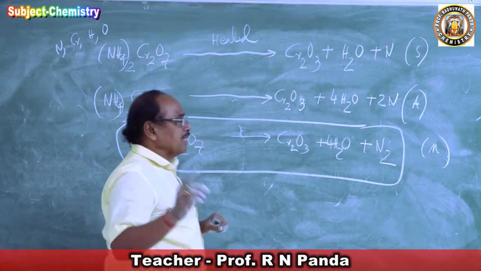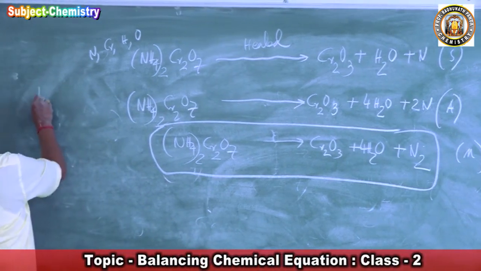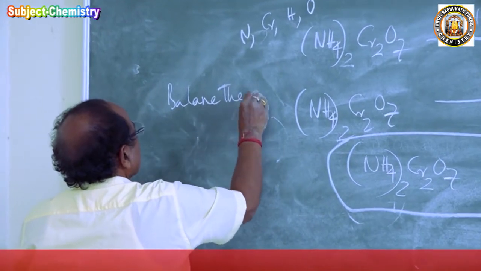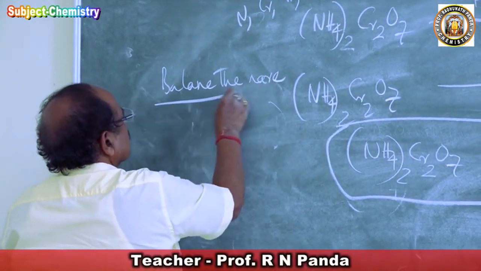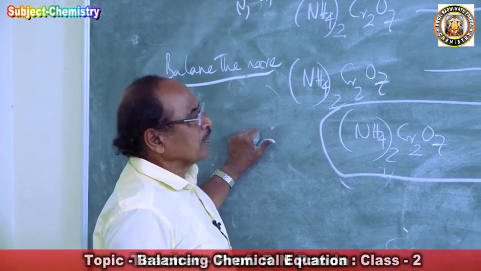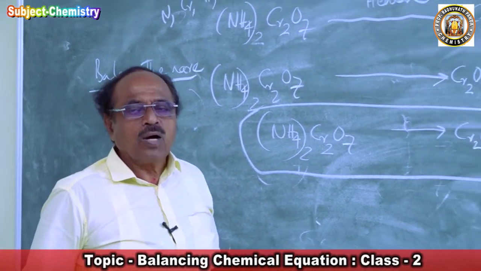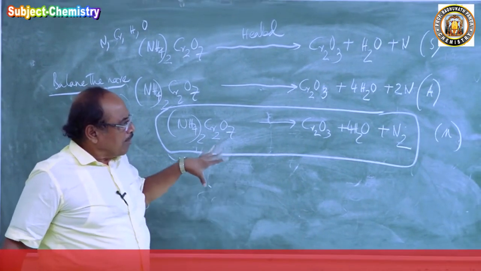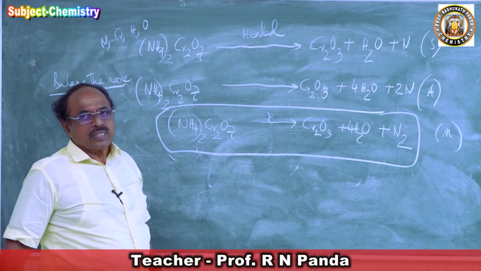Nitrogen. So always when you are balancing, this is called balance the rare. First you start from the rare, then the rarer, and like this you go. So this is how to write a balanced chemical equation.